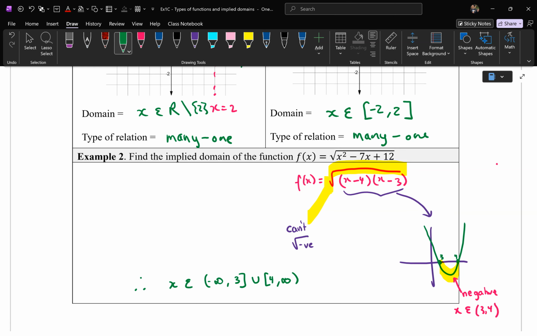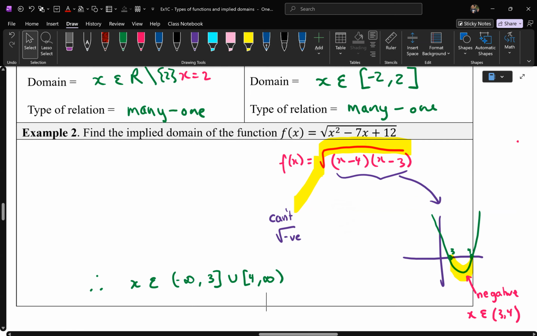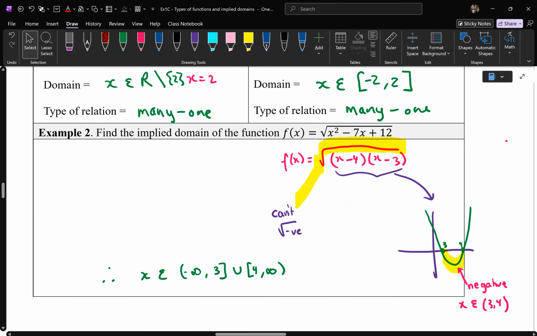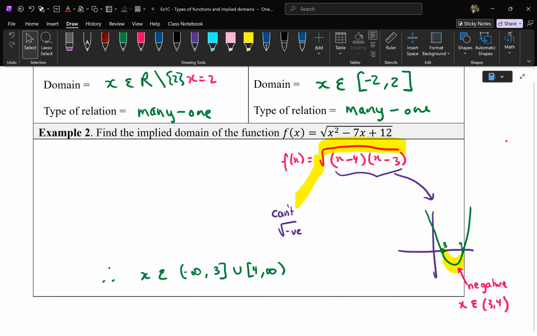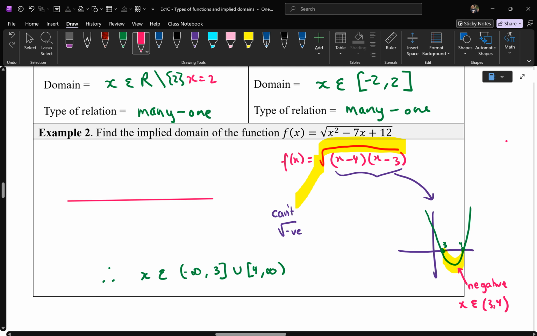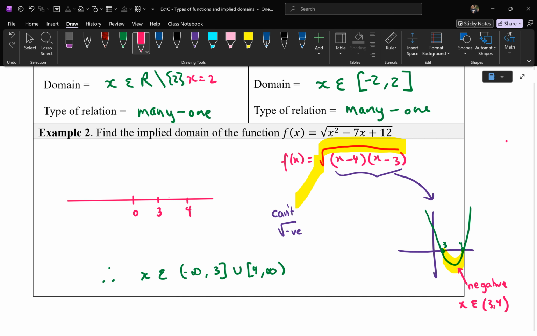Okay, so I'm recording again. All right, this question, example 2, you had a couple of minutes to have a look. Hands up if you got the answer for the implied domain as negative infinity up until 3 inclusive. So you can have a 3. And then union with 4 to infinity. If you think about a number line, I'm essentially saying up to 3 is good, and from 4 is good.